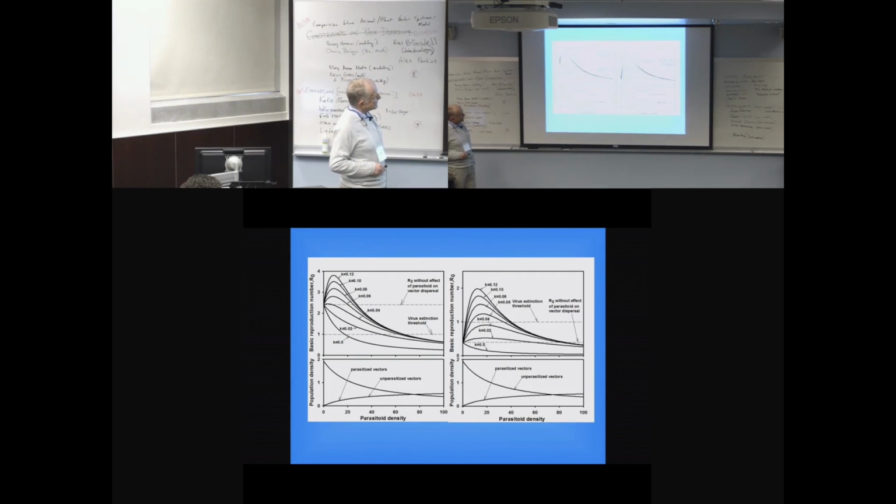If you don't have the parasitoid, then the R0 is less than the virus extinction threshold, so there's no disease. But then you introduce the parasitoid and you can rapidly exceed it. So actually in this case, introducing a parasitoid has turned a situation where there is no epidemic developing into one where it does, depending on the parasitoid density.